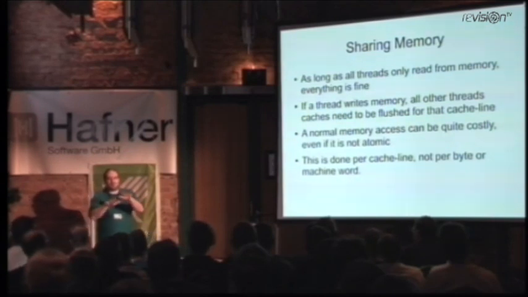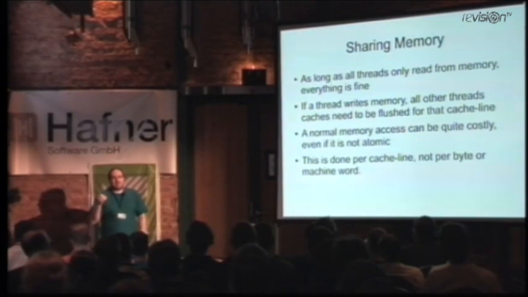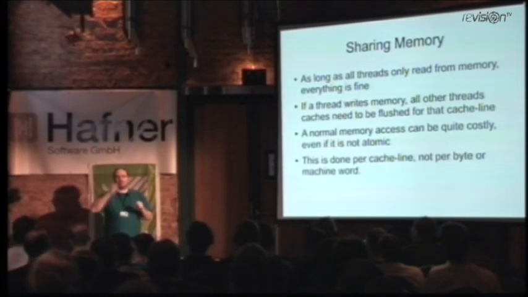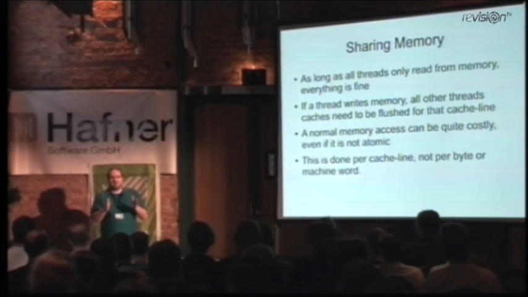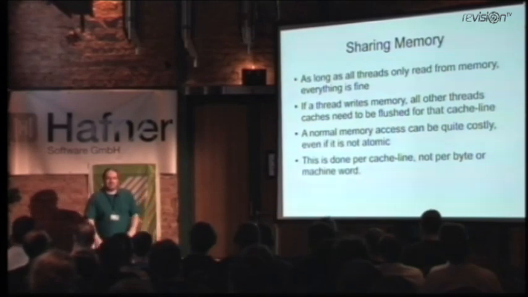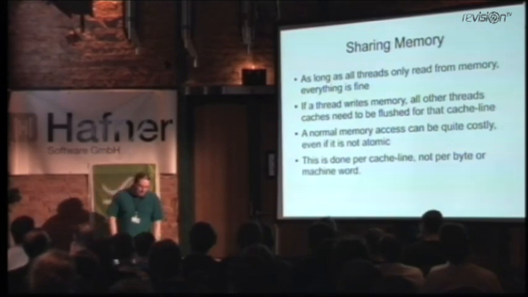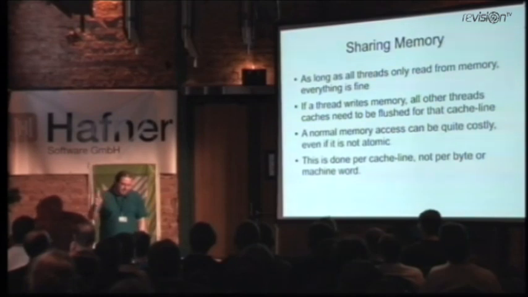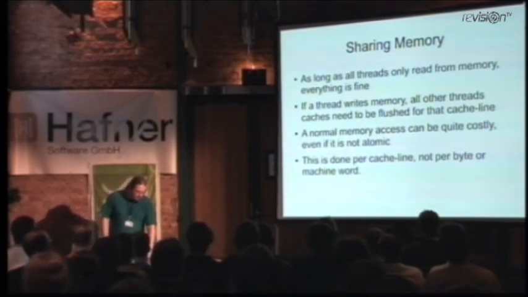So when you lay out your memory structures, make sure that, if possible, they don't always write to the same cache lines. For instance, if you have a flag per thread, which is only 8 bits, don't put them next to each other, but space them apart so that every thread has its own cache line and they don't collide that much. This is done per cache line. This is an important thing to remember.